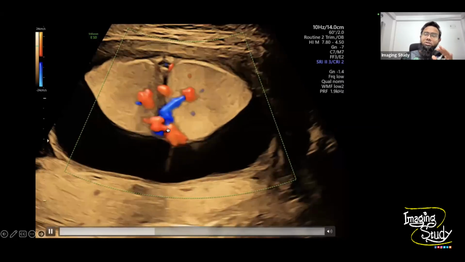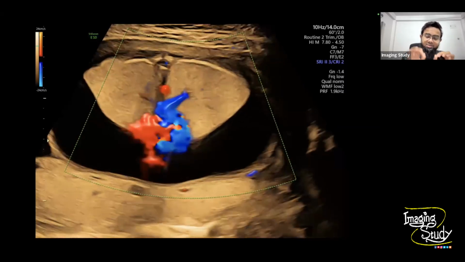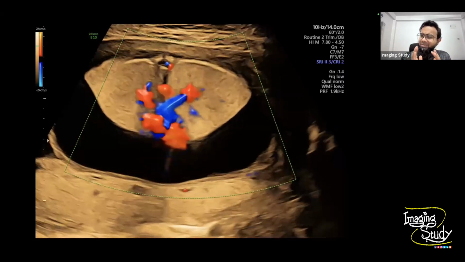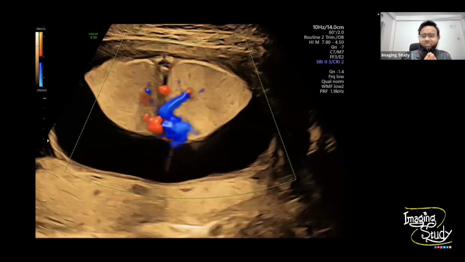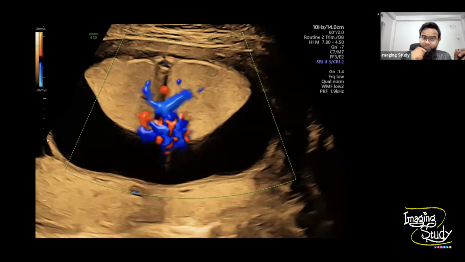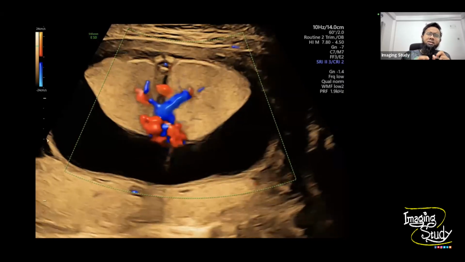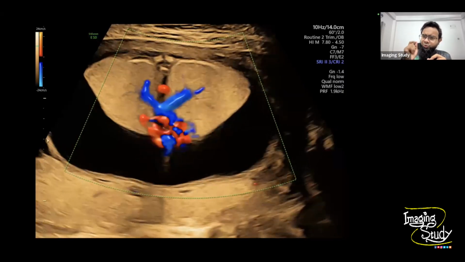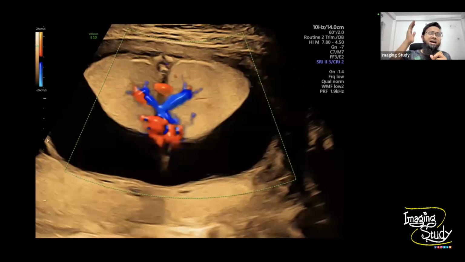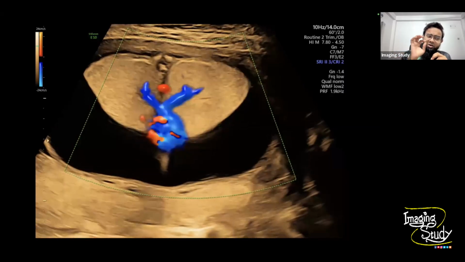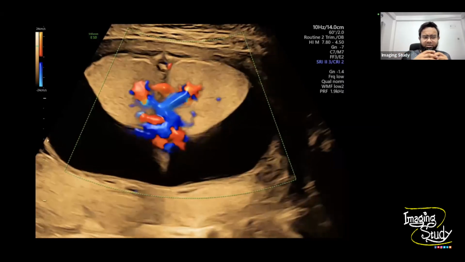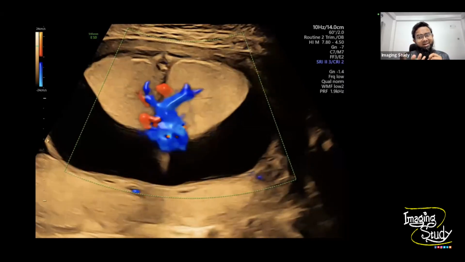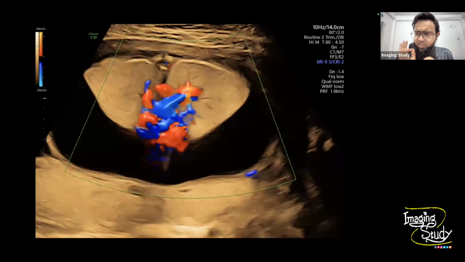Okay, so whenever you see two lungs are enlarged, they are echogenic and they're compressing the heart at the central part, it indicates that there is an obstruction at a very high level. If you just block a bronchus, the lung beyond it will be enlarged and echogenic in a fetus.